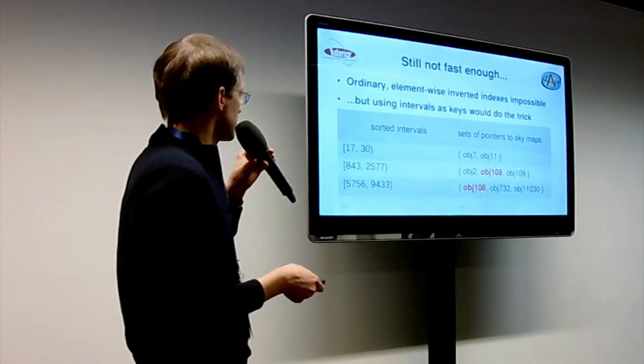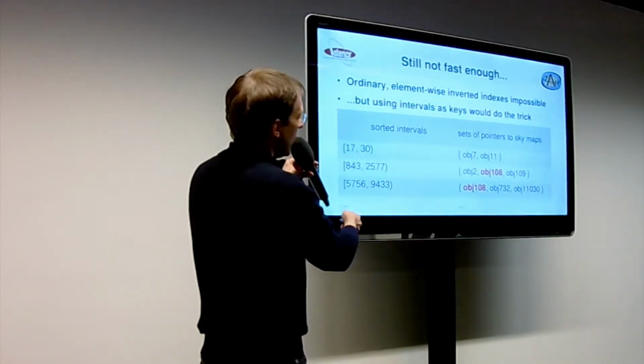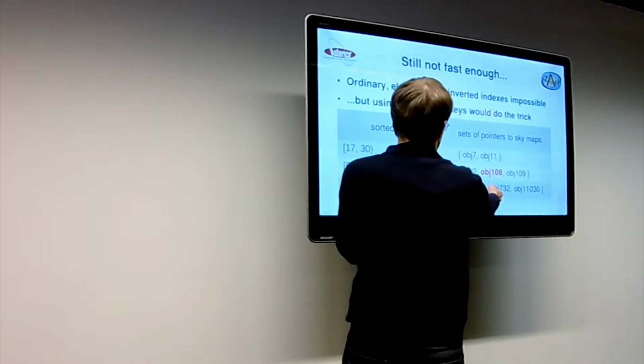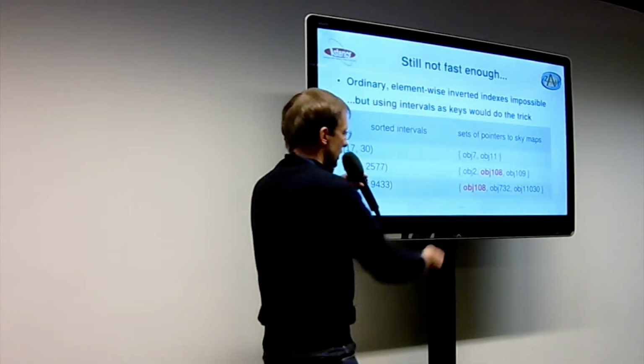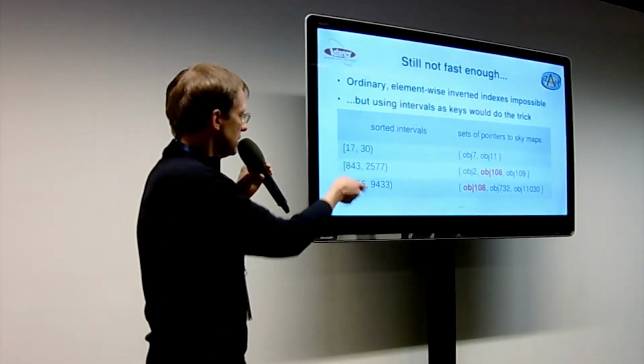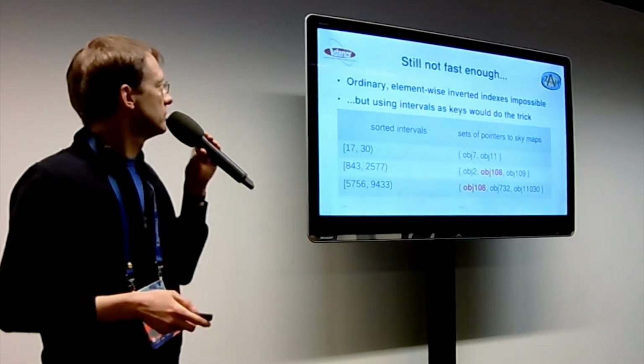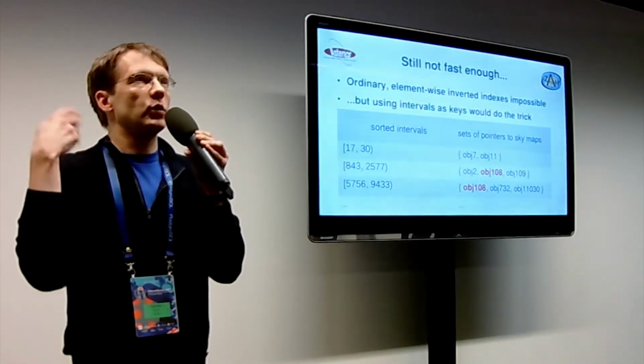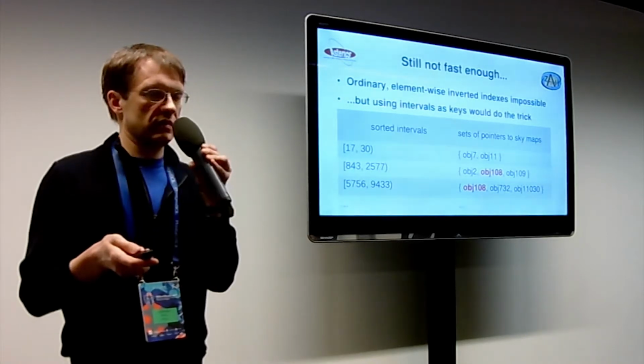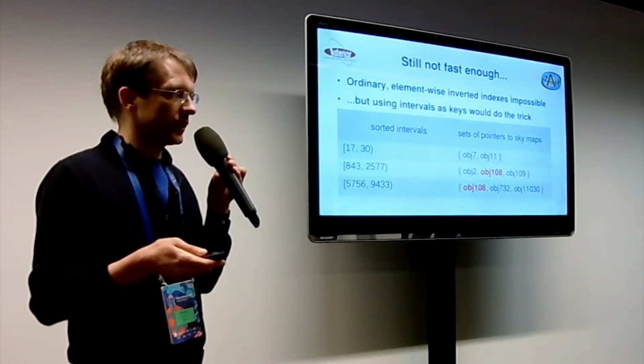Here you have basically the sorted version of the entry tree, and here you have these posting lists or posting trees. And then you can quickly go to, let's say, search for 0.6000, and you go here, and then you get all the sky maps that contain this point. So that would be good if we would have something like this in Postgres.